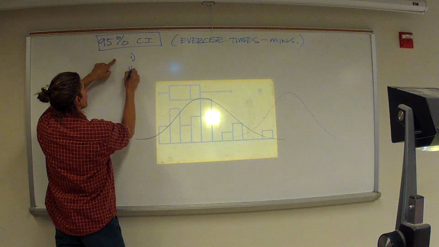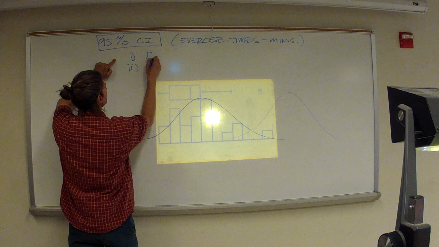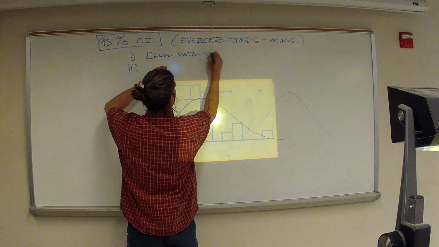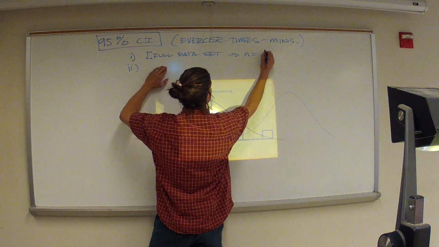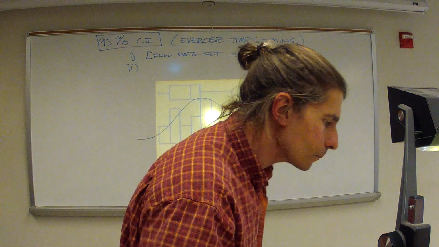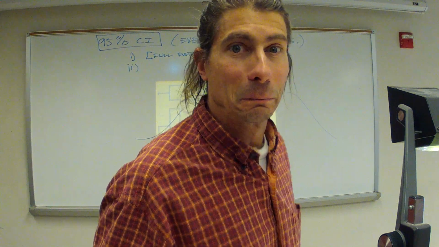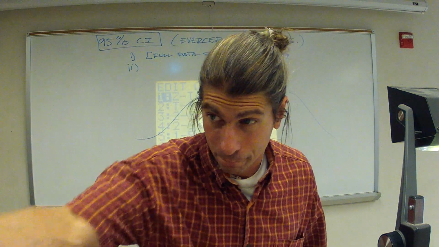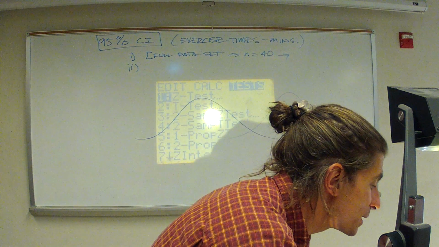One, with the full data set, where n equals 40. Okay, so let's crunch that first. Walk me through it. Where do I go to get this, my friends? Stat, Tests, and then 8, TInterval.